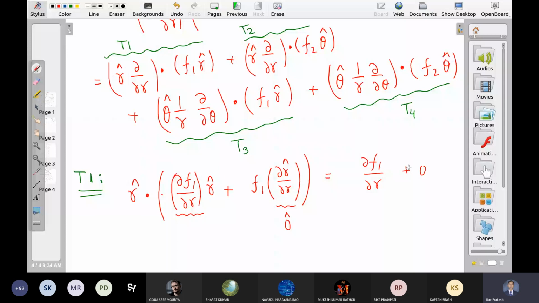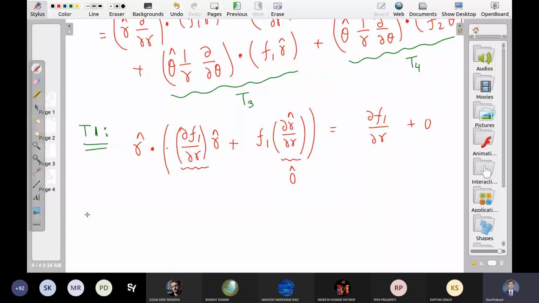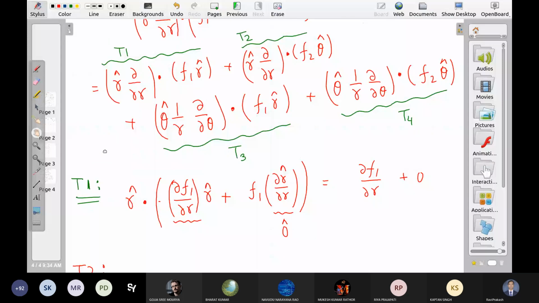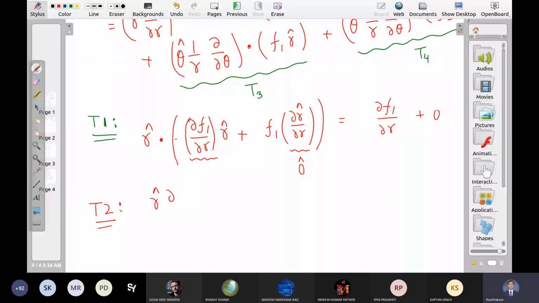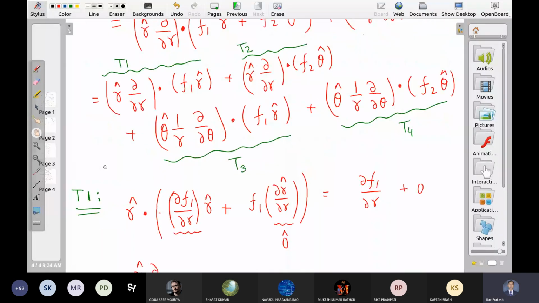What about term 2? R cap del y del r is operated on f2 theta cap, right?